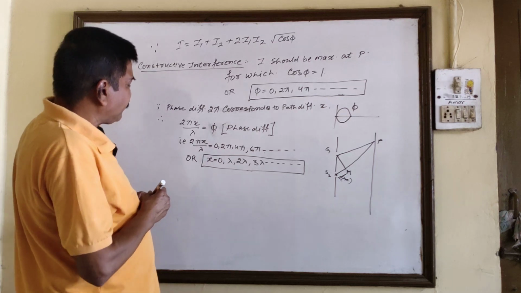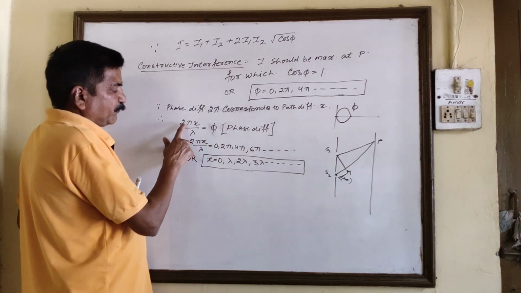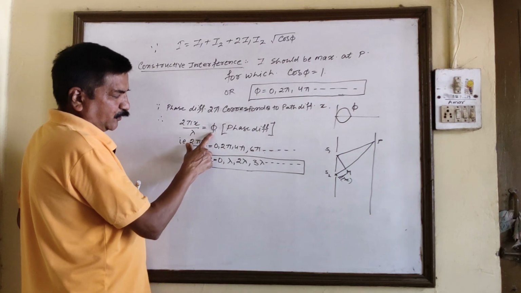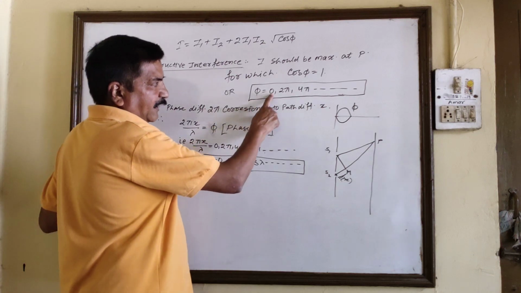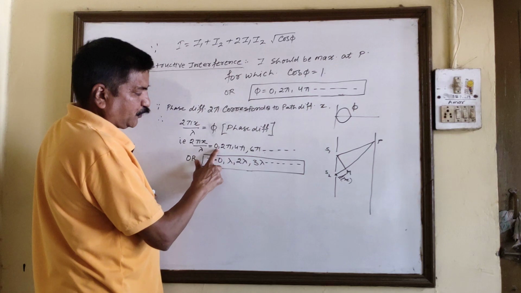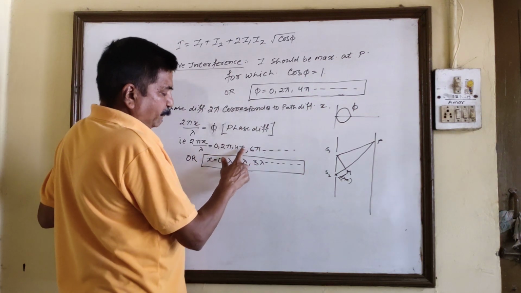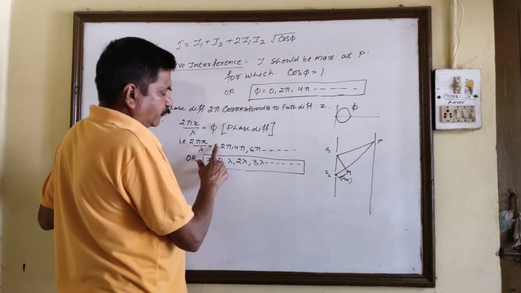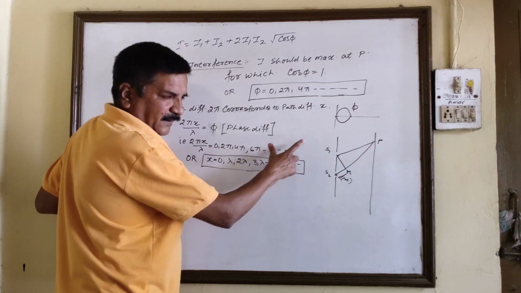And last year we have read the relation that phase difference is equal to 2 pi x by lambda. So on the basis of that, you can write 2 pi x by lambda is equal to phi, and the values of phi are the even multiples of pi. Even multiple of pi means 0, 2 pi, 4 pi, 6 pi and so on.